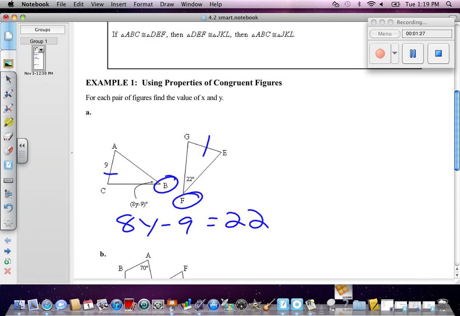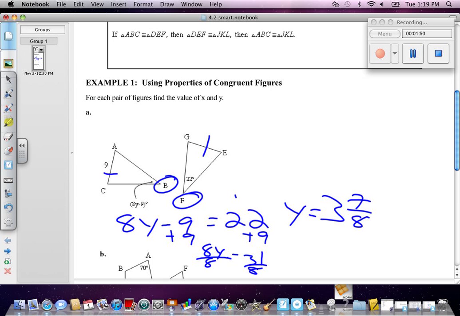We feel comfortable with that? So we're going to add 9 to both sides. We get 31 equals 8y. Divide both sides by 8. So y equals 3 with 7/8 left over. I don't know why I didn't give you a nice, pretty number, but I didn't.